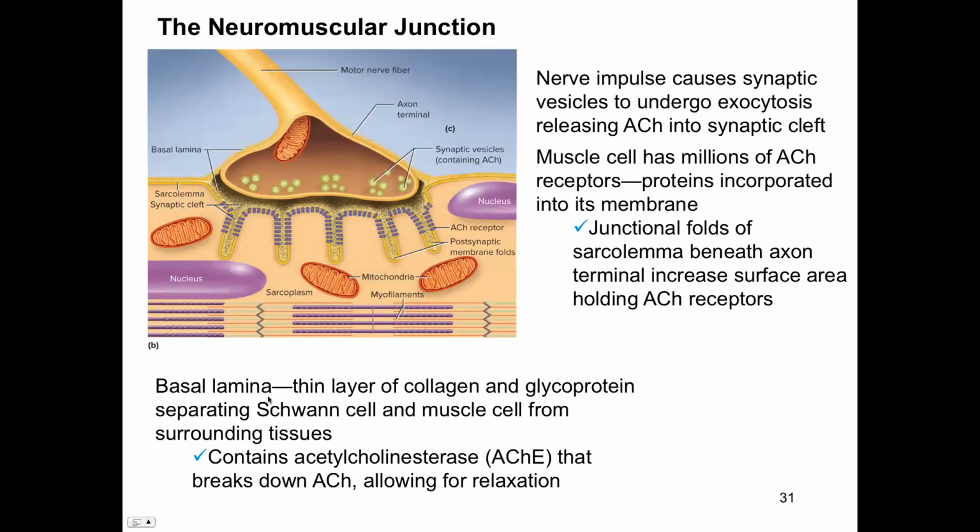Now, the other thing to think about is this basal lamina. Here you've got this basal lamina that's around here. This basal lamina is a thin layer of collagen.